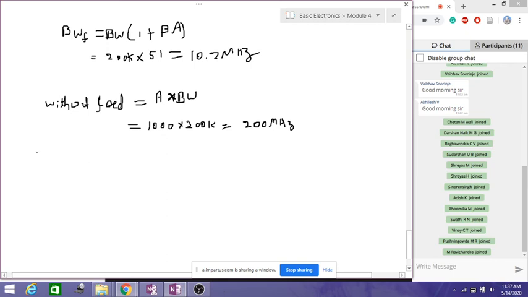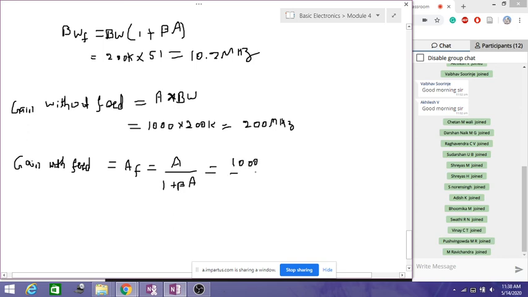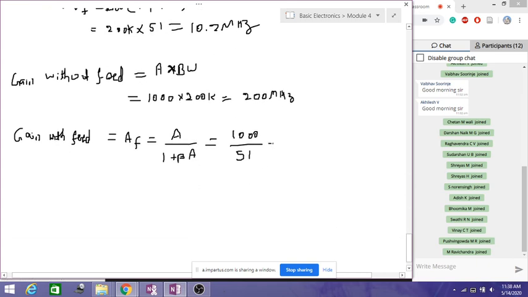This is the gain bandwidth product without feedback. Now the gain with feedback, AF, is equal to A by 1 plus beta into A. Substitute all the values here: 1000 divided by 51. So we will get this value as 19.6.